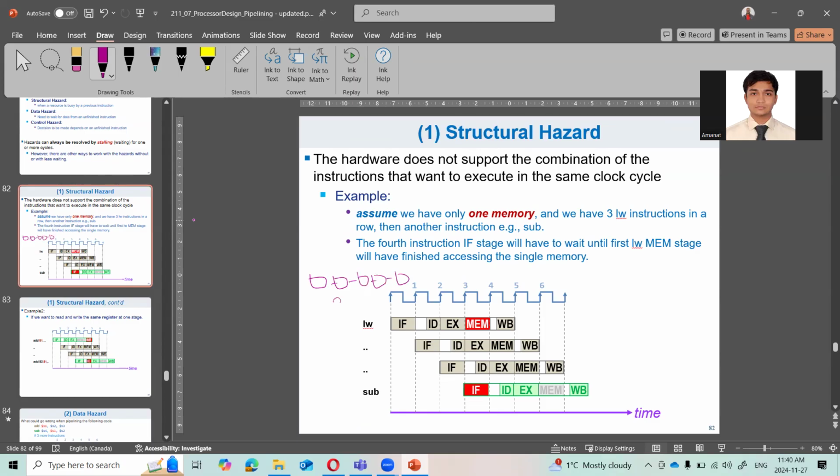But if you have these clouds, which means you are just waiting for something to be processed. So using stalling, you can reduce these hazards. So that's one way of doing it. It's not optimal. Basically, you're telling your hardware, stop, I need to finish something, then you can start working. So that's basically stalling, and it can be referred to as these clouds.